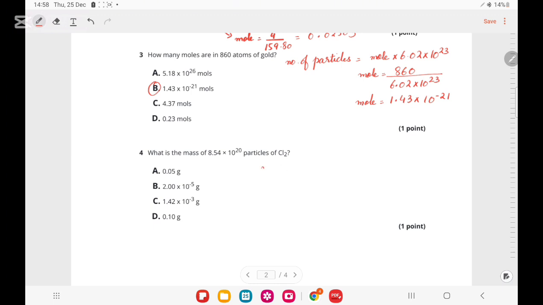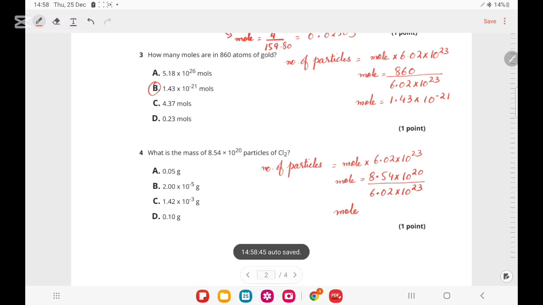For that purpose, we know the formula number of particles is equal to mole times Avogadro's number, and mole is going to be number of particles, 8.54 times 10 raised to power 20, with Avogadro's at the bottom.